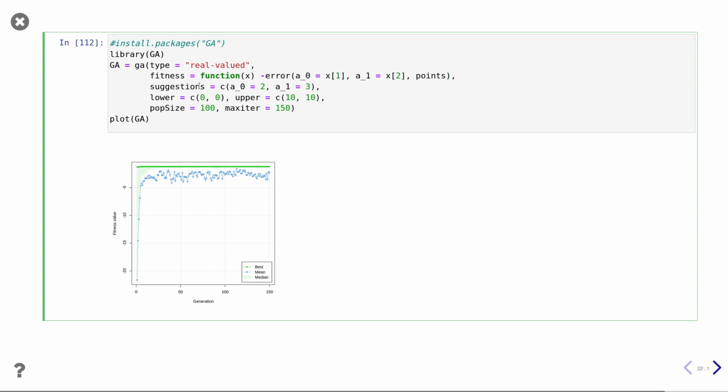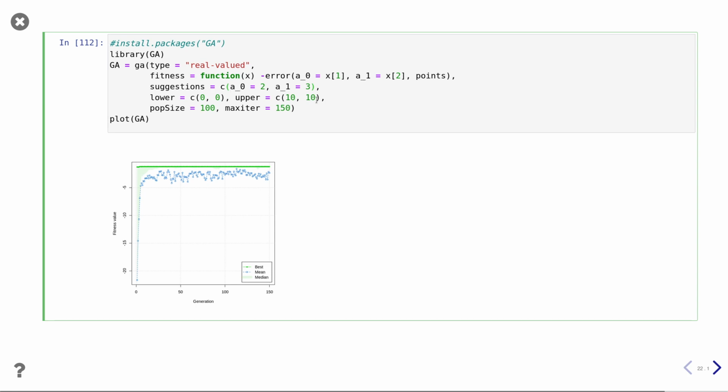Suggestions is simply, let me give it some hints as to where it should start. So here I'm saying, well, perhaps my intercept is 2 and perhaps my slope is 3. I don't know. Lower and upper give you lower and upper bounds for the values that you're providing. So lower equals 0, 0 means that I'm not allowing values of A0 and A1 to go lower than 0, 0.